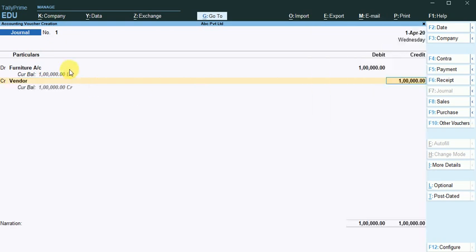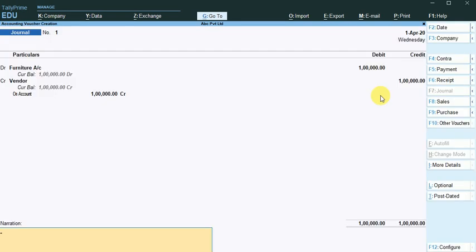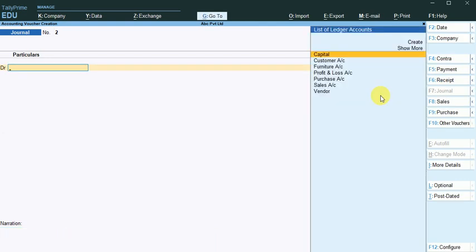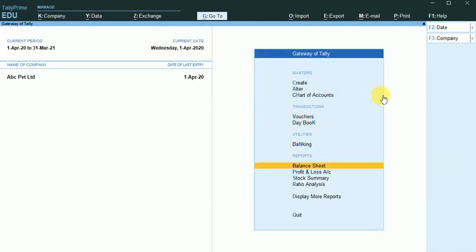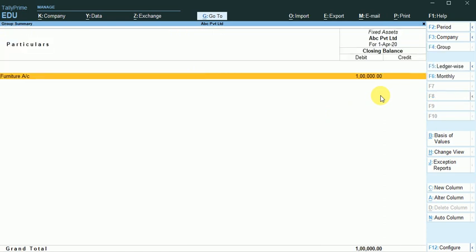I'm purchasing this furniture from the vendor for 1 lakh rupees, let's say on account. So now I'm getting back. I'll see the balance sheet. The fixed asset as of now is furniture with 1 lakh rupees.